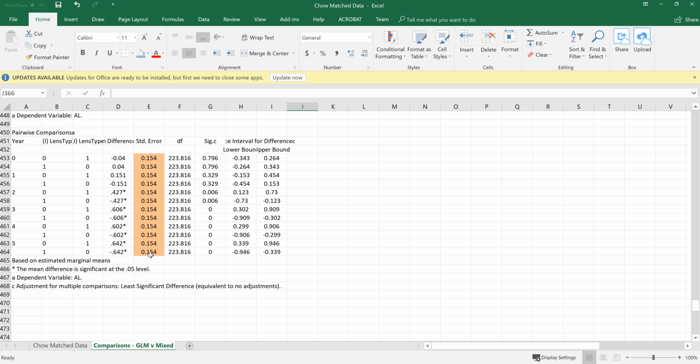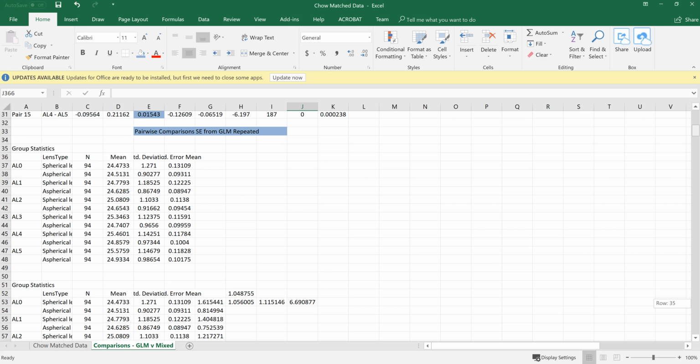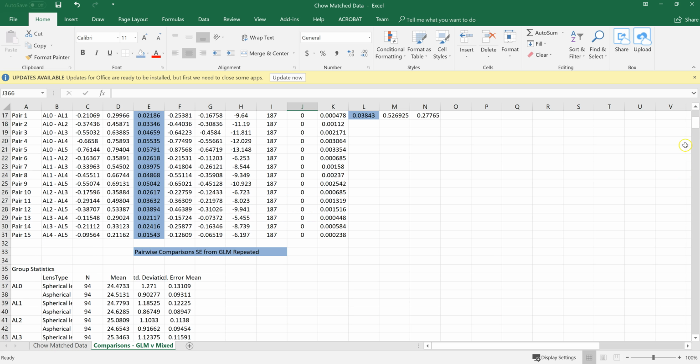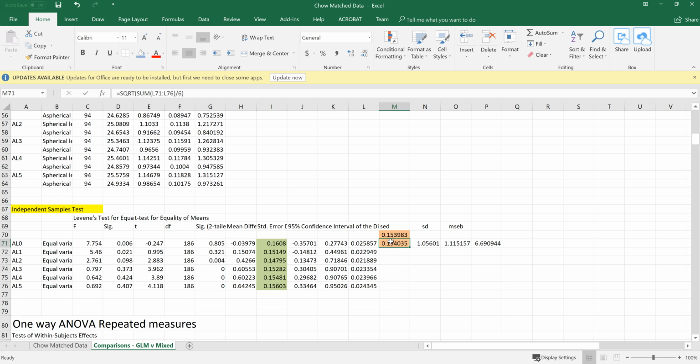So the interaction term for the mixed model design is a little bit more complicated, but what it still does is come out and give us that. But again, that 0.154 is equivalent to the average of the standard errors for the independent t-test.